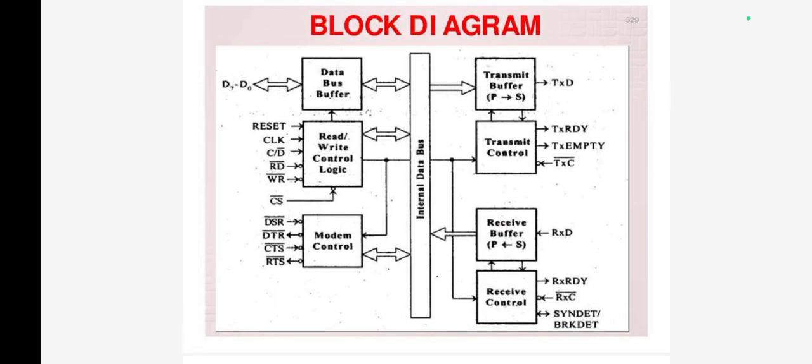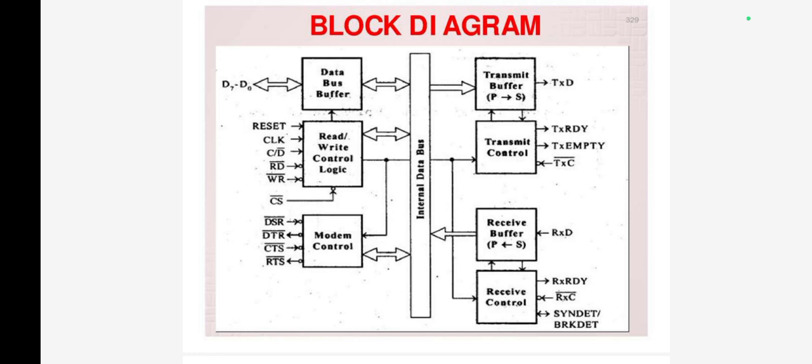And this shows the block diagram of the 8251A, which consists of data bus buffer, transmit buffer, read write control logic, transmit control, receive buffer, receive control, and modem control. All these blocks are internally connected by the internal bus. The data bus buffer has 8 data lines and the transmit buffer, having transmit data, converts parallel to serial.